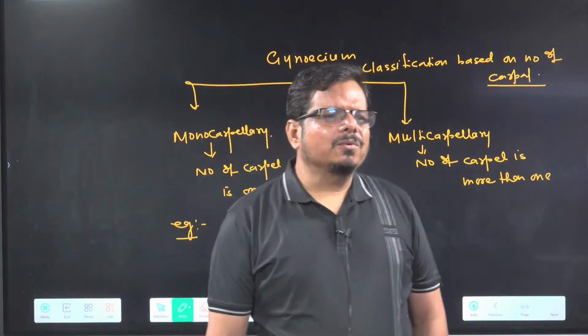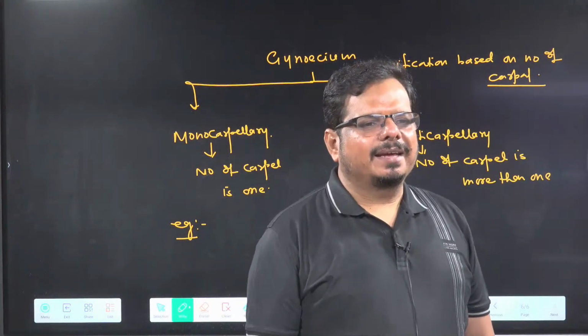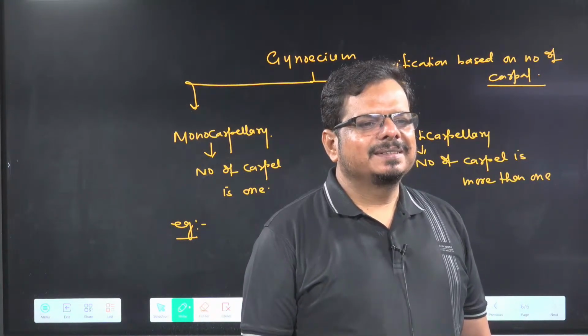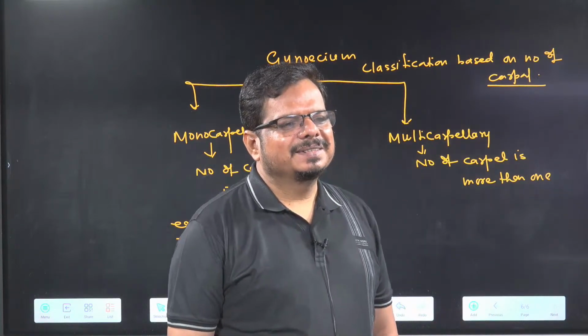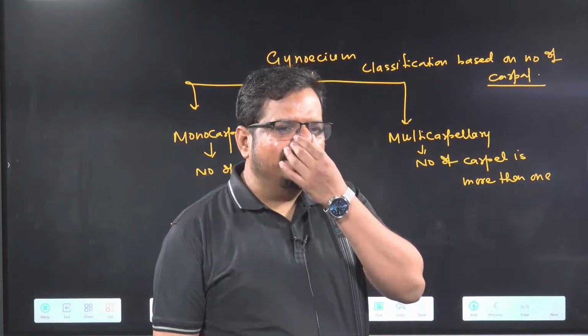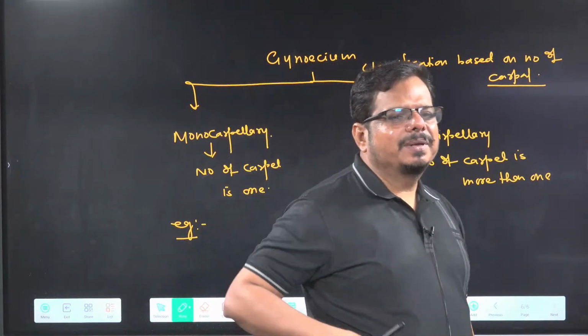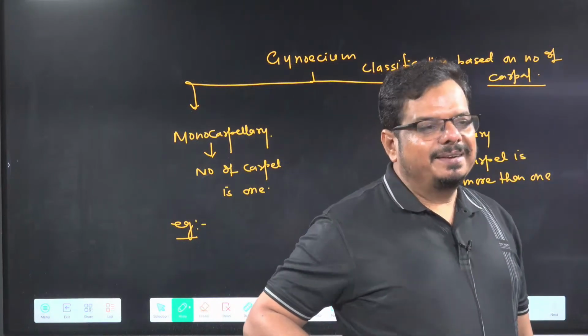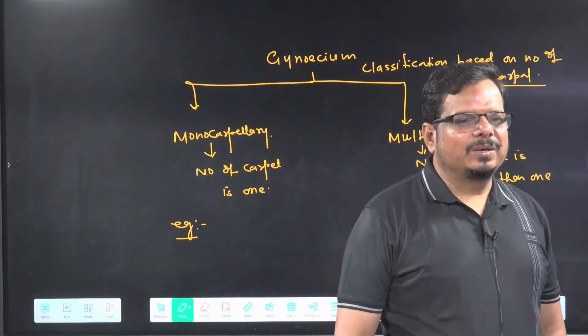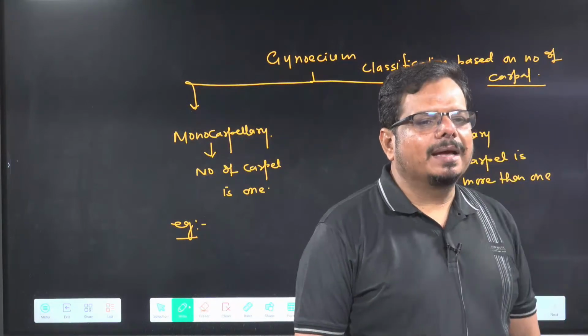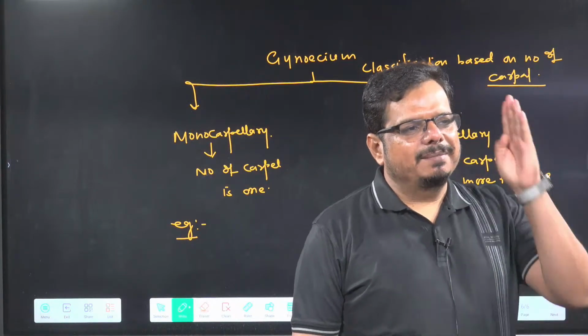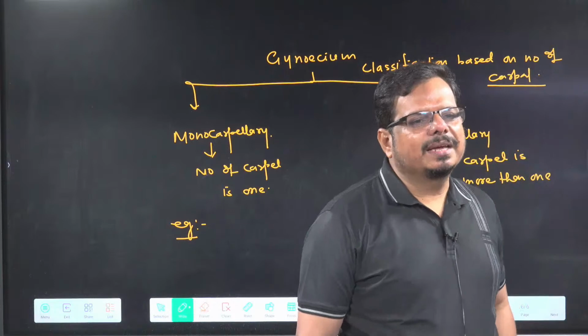Best try to answer from the NCERT. Can you do it through NCERT? Anywhere in NCERT it is written, a monocarpellary example. If you use your brain, it is a long-term batch, na? So you can answer it. Every member of Fabaceae has how many carpels?